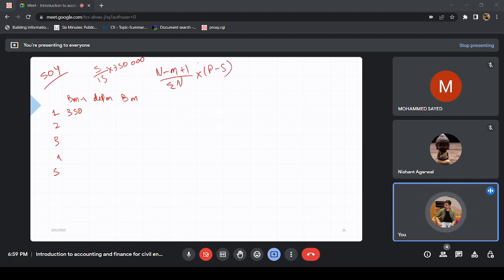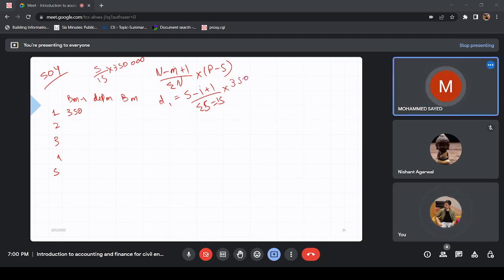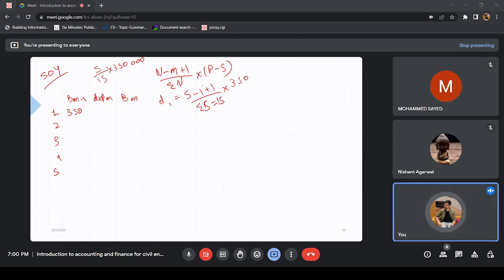So p is 3,50,000, s is 0, n is 5, and m for the first case is 1. So for d1 it becomes 5 over sigma 5, which is 5 by 15 into 350, right? And for d2 this 5 will be 4.